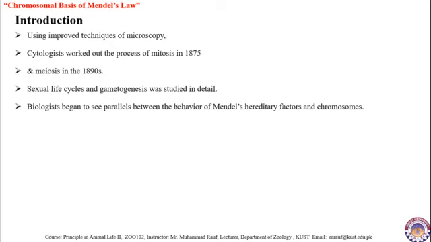So the second law says that it is not necessary that a dominant allele for one trait will always enter into the same gamete with the dominant allele of another trait, and the same is for the recessive, meaning the segregation is independent. The dominant allele of one trait can be a part of a gamete which has the recessive allele of another trait.